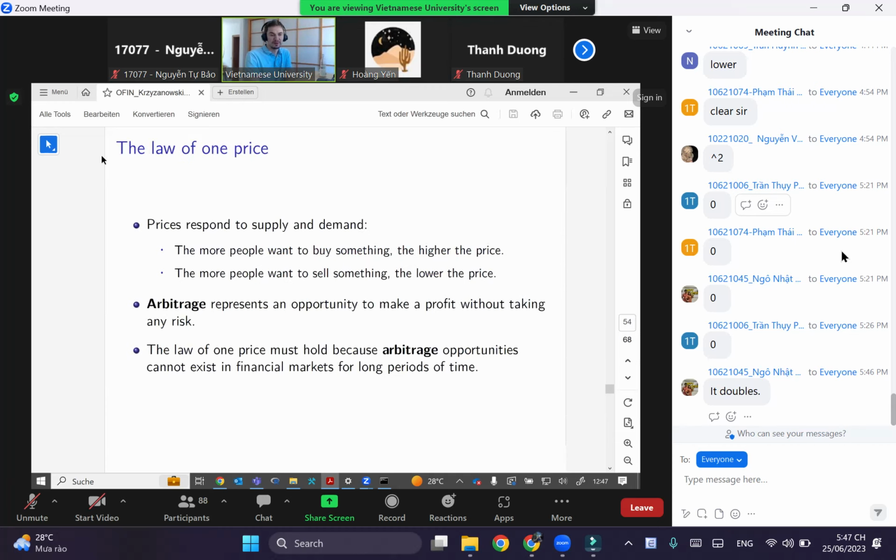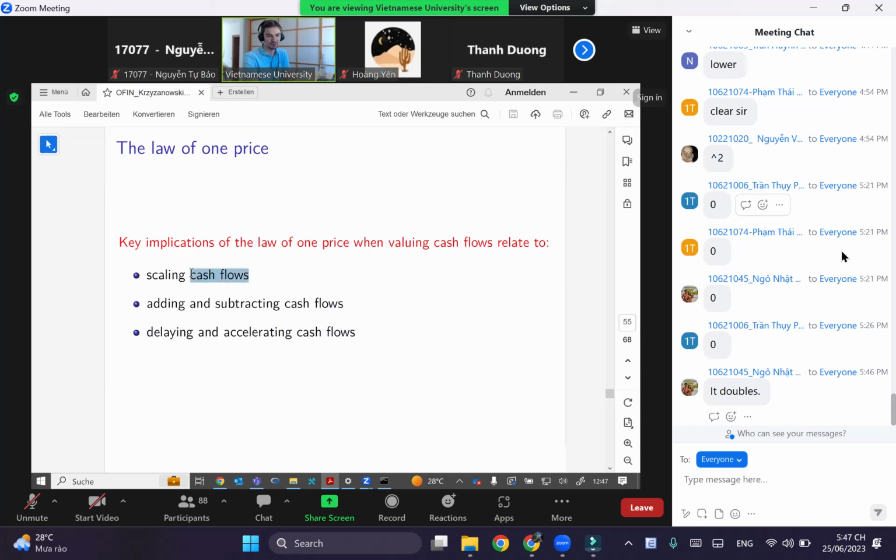Knowing the law of one price, meaning same products or same investment opportunities should have the same price, which also includes what I told you: if you have an investment opportunity which is scaled by a certain factor, here by the factor of 2, it should give you the same price, just scaled up or down by the corresponding factor.